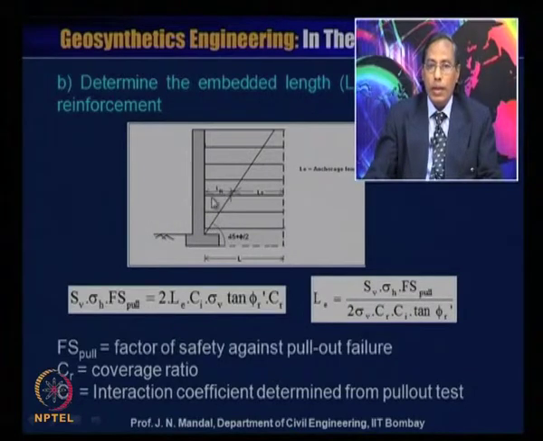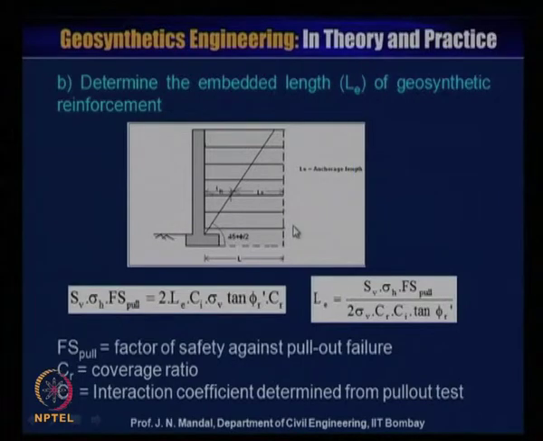So this length at any distance, so you can calculate LR. So if you calculate LR, then you can calculate the total length L is equal to LE plus LR.